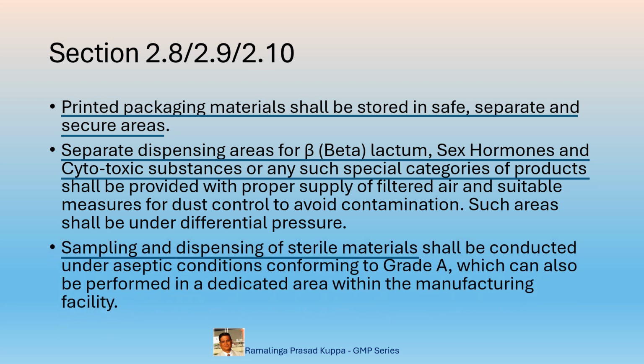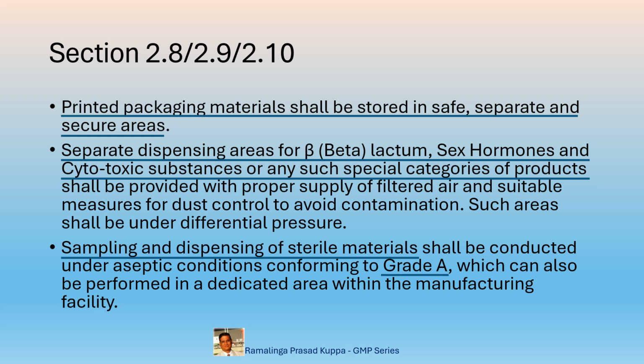Sampling and dispensing of sterile materials shall be conducted under aseptic conditions conforming to grade A, which can also be performed in dedicated area within the manufacturing facility. Grade A is class 100 category. This is required for aseptic product manufacturing.